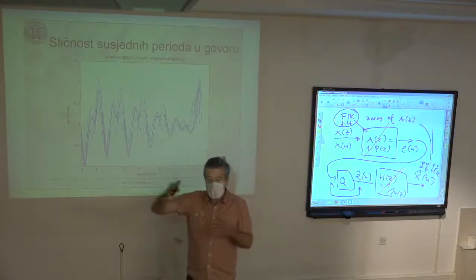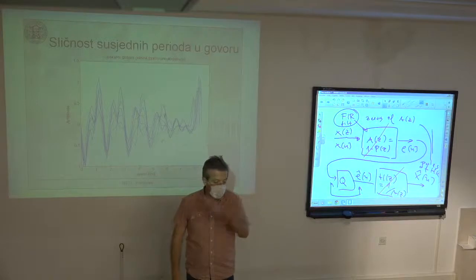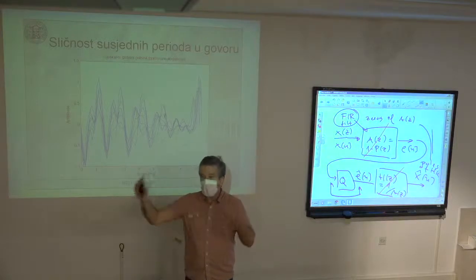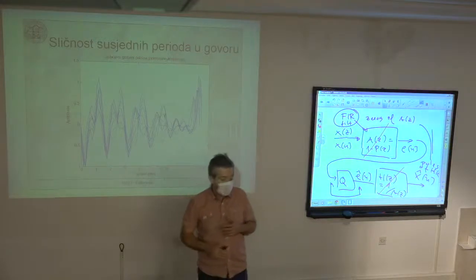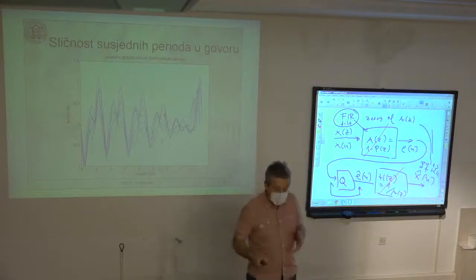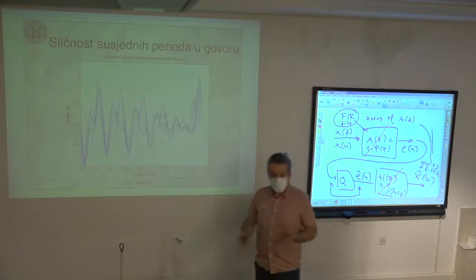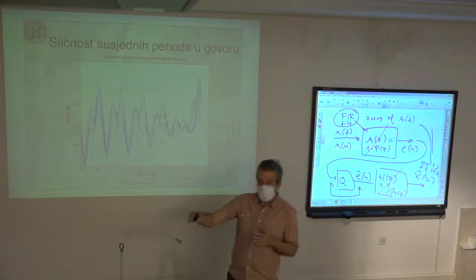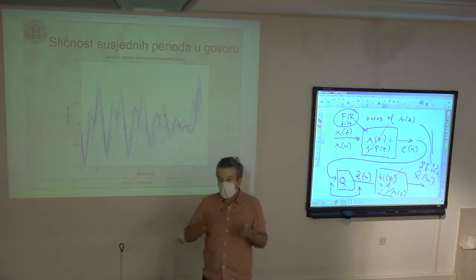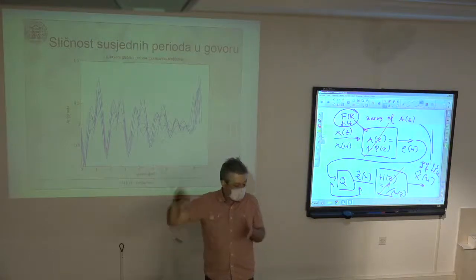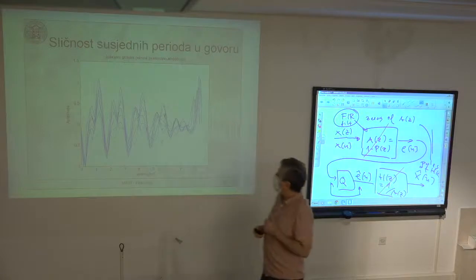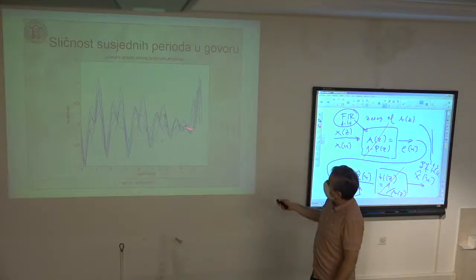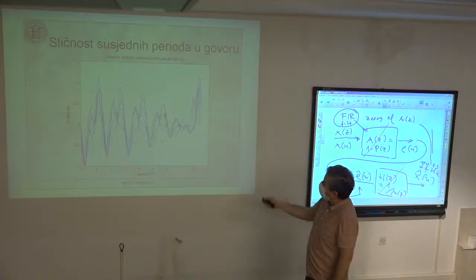So this shape of the pitch variation is of one kind for this question type of sentence. And if it is a statement, it's 5 o'clock, it is usually dropping at the end. If it is a question, it is increasing. The pitch frequency is increasing at the end. And this variation of the pitch frequency is shown here.